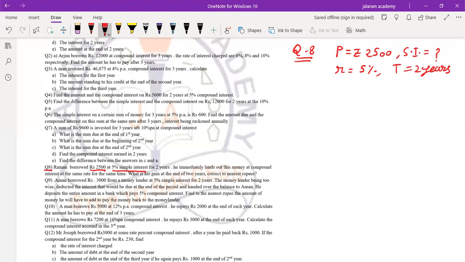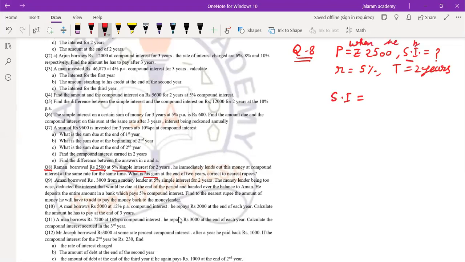Means as he borrowed, so he has to pay some simple interest. And when he lent out, he will charge some money as compound interest. The difference between this compound interest and simple interest will be his gain, as he has to pay simple interest on that money when he borrows.